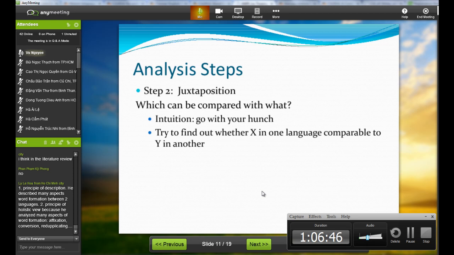And of course, there needs to be verification later to check your hypothesis. And usually at this step, we guess that this aspect is comparable with this aspect, and we will look at some more simple analysis to help you understand this.